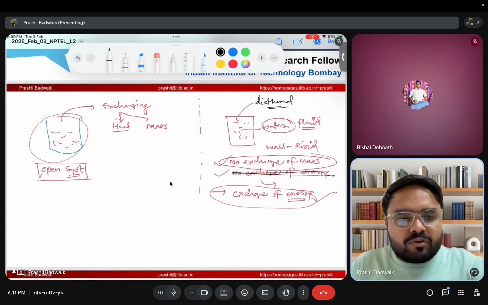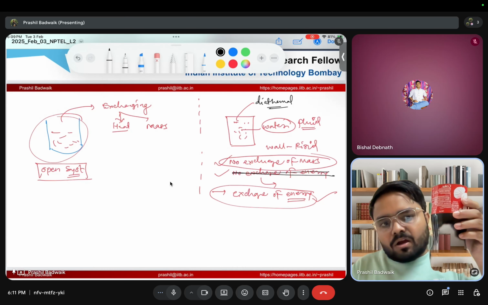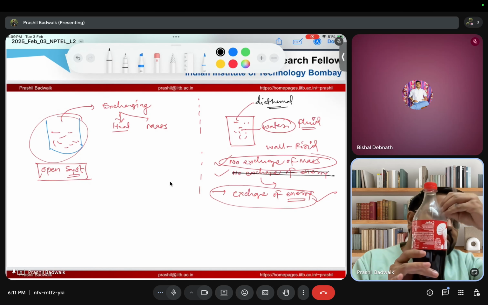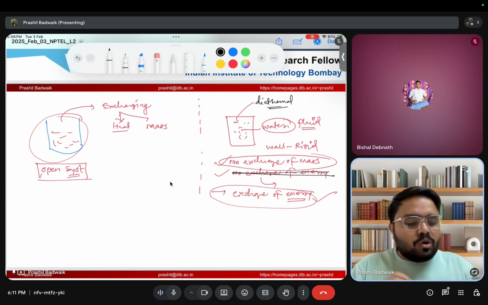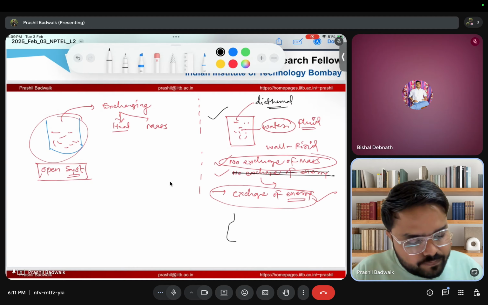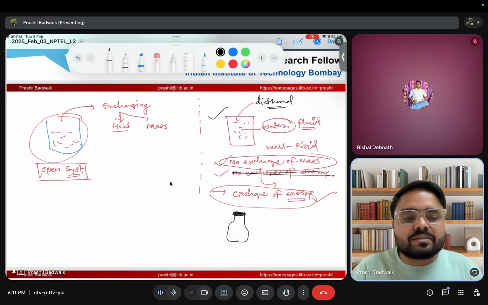For example, if you can see, this is a Coke bottle, right? So what is there? This is a bottle and it has some liquid in it, right? So this represents what I have drawn over here. So this is my bottle, right? It is completely packed.